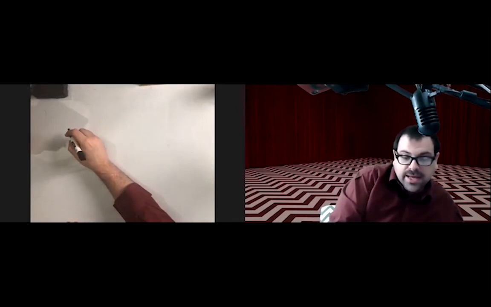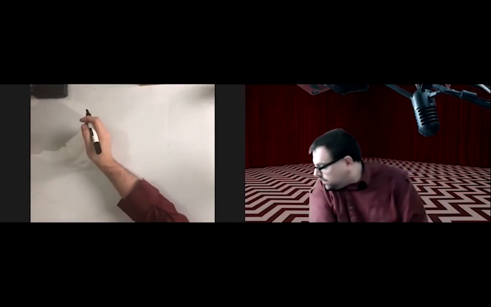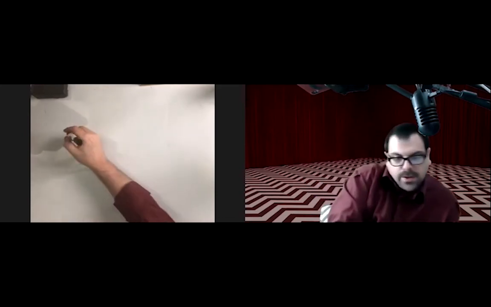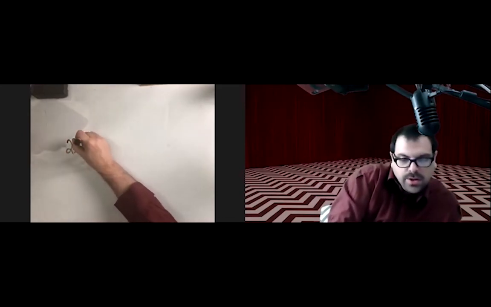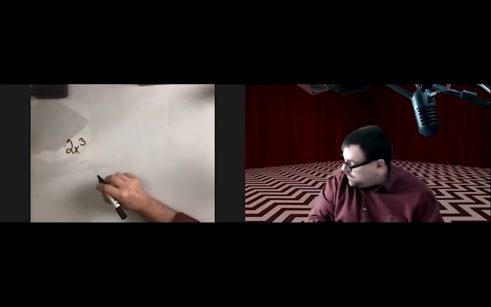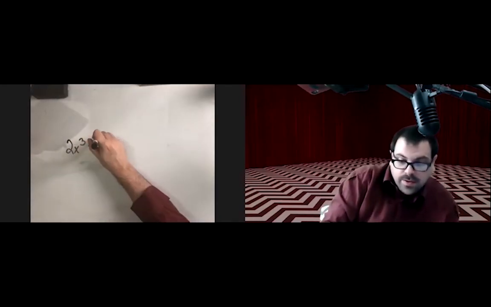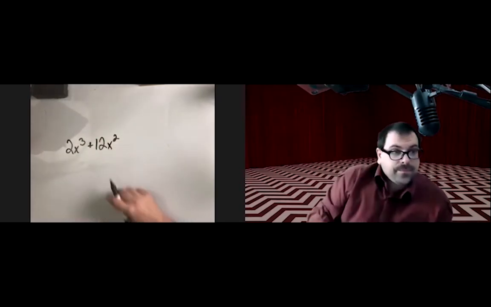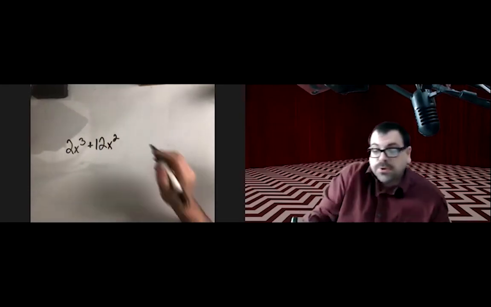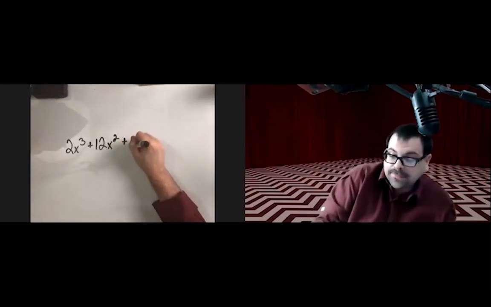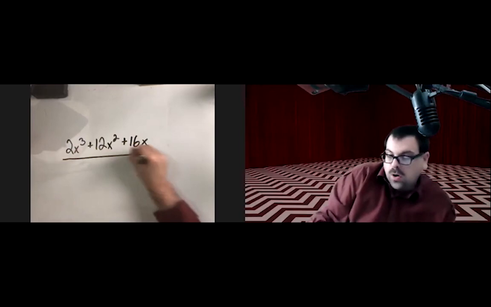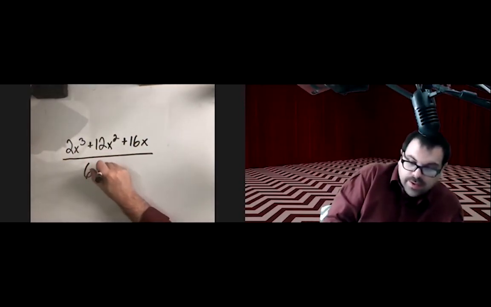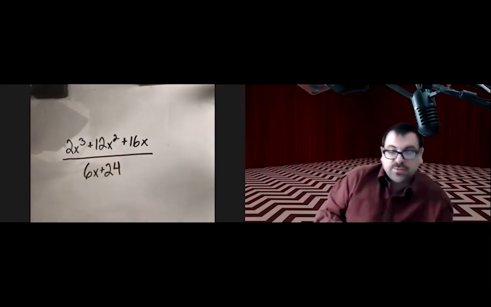Let's say we had 2x cubed plus 12x squared plus 16x, all over 6x plus 24.